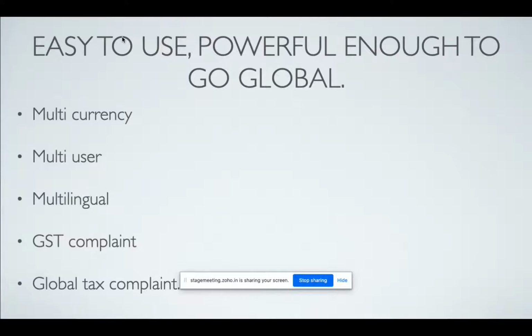Next is multi-user. Shimbi Invoice is a multi-user application. That means if in your company there are multiple users who take care of invoicing, you can give them access to this software based on their roles. They will have limited access depending on how you set up their rights, and they can do their job. So you can collaborate.